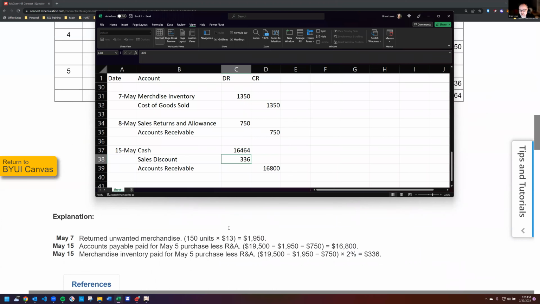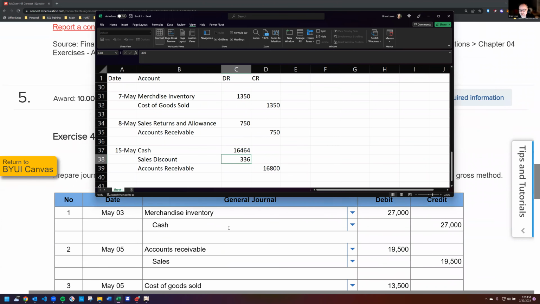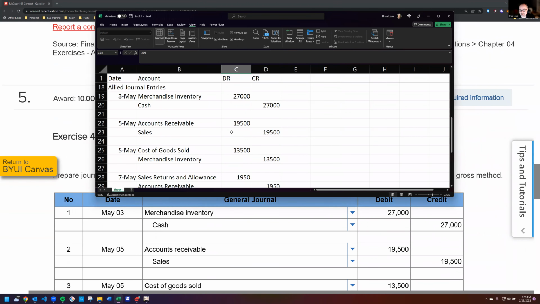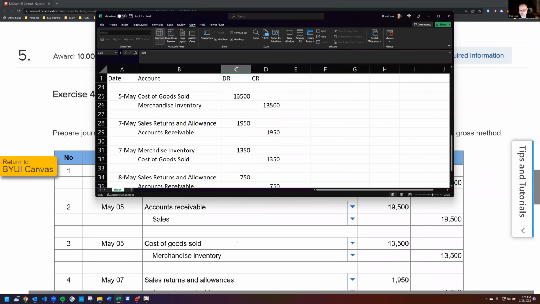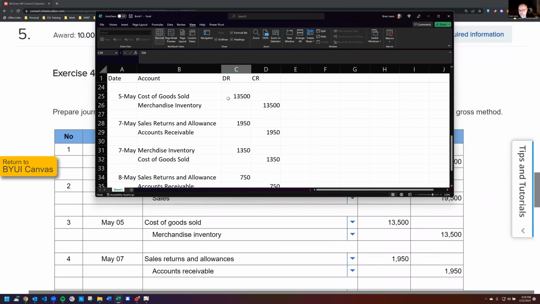Okay, 4, go down to 5. Merchandise inventory, 27. Cash, 27. Accounts receivable, 19.5. Sales, 19.5. Cost of goods sold, 13.5. Merchandise inventory, 13.5. Sales return allowance, 19.5.